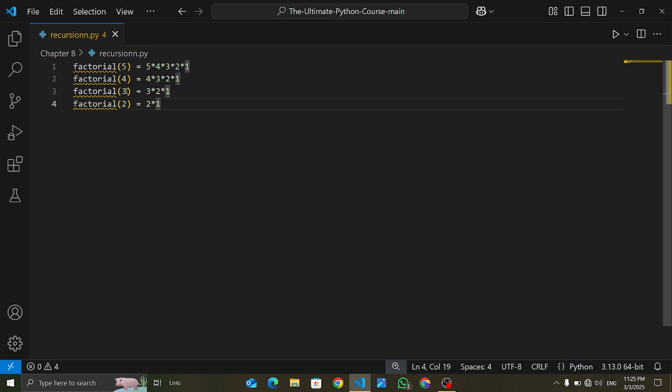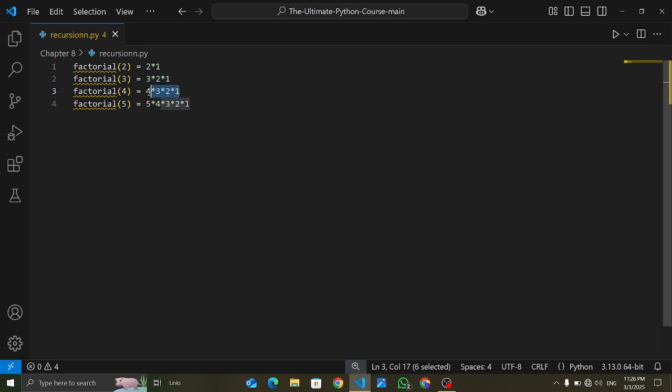Okay, so this is the factorial of any number. Factorial 2 is nothing but 2 multiplied by 1. Factorial 3 is 3 multiplied by 2 multiplied by 1.